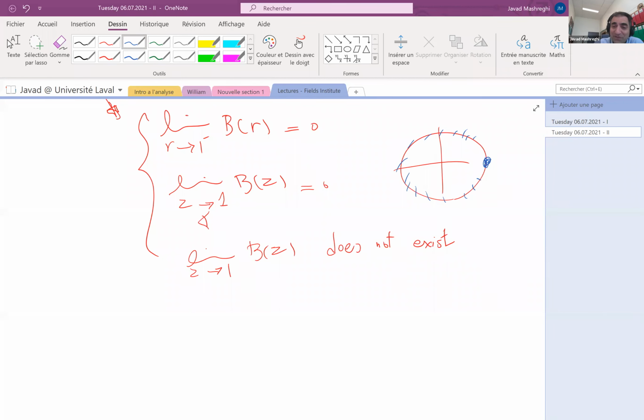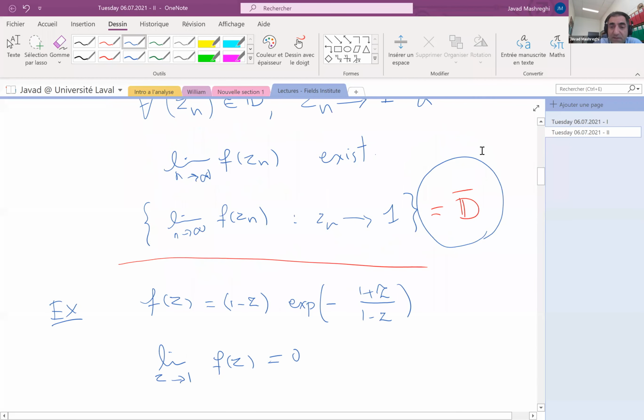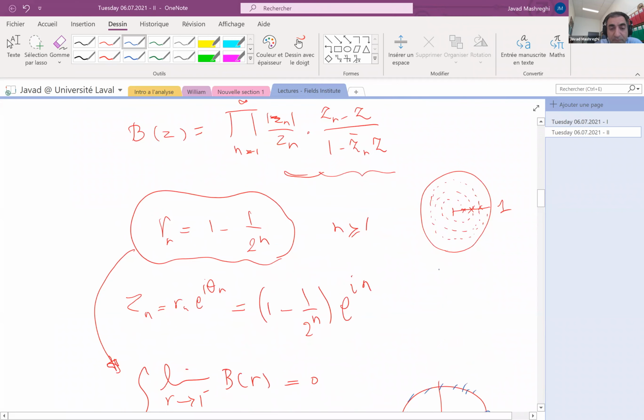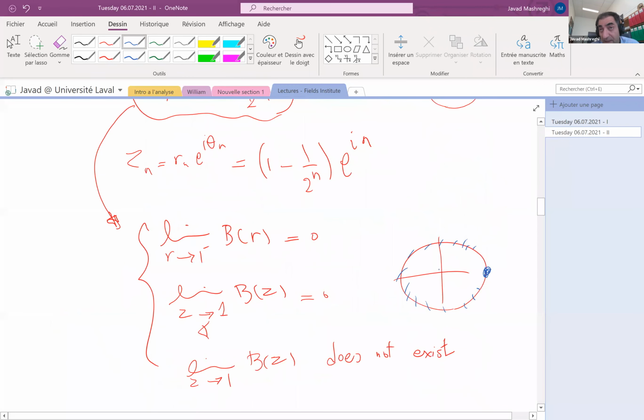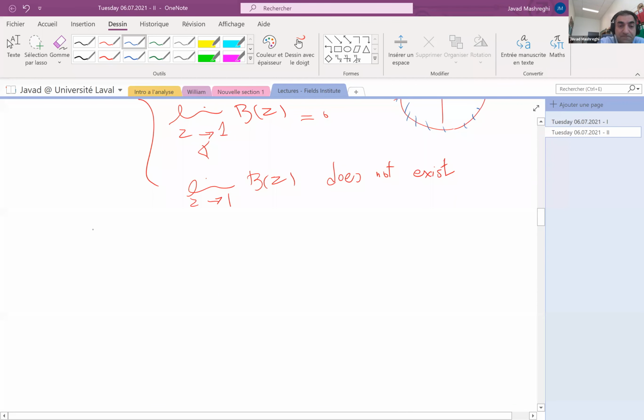So a Blaschke product says that almost all points of the boundary are bad points, are singular points. So this phenomenon happens at almost all points of the boundary. And at the same time, radial non-tangential limit exists and is unimodular. It's completely counterintuitive what he constructed.